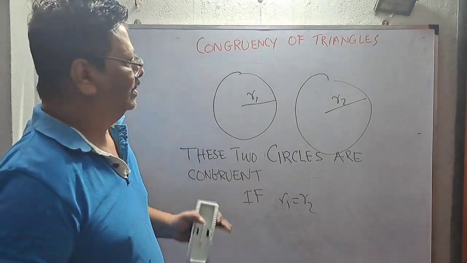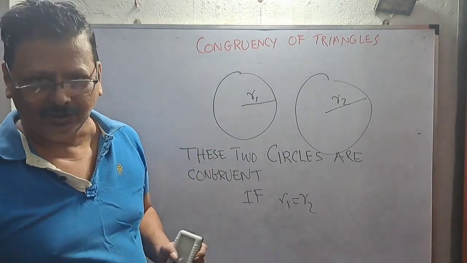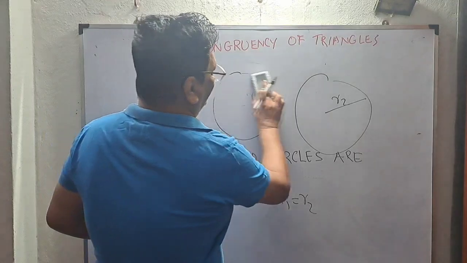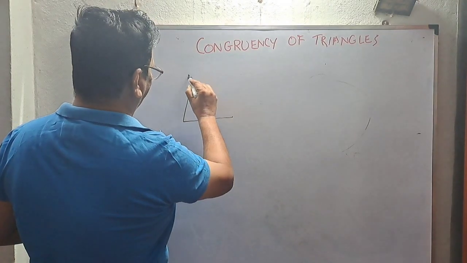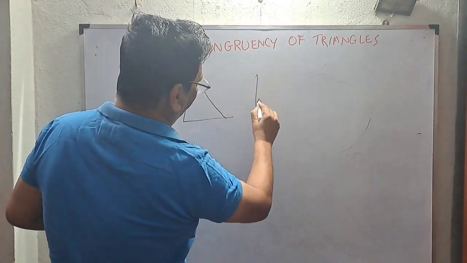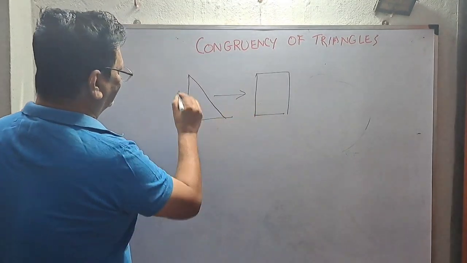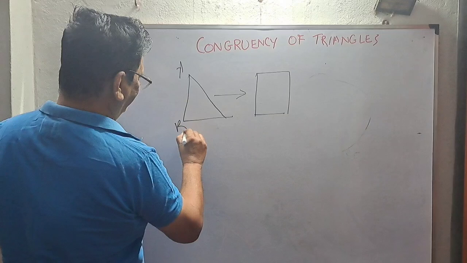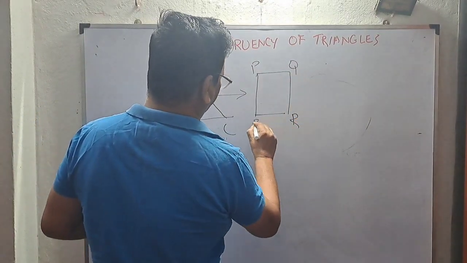But if you say equal area is a condition of congruency, it is not true. Why? See, two shapes, one triangle like this, ABC, and one rectangle like this, PQRS.